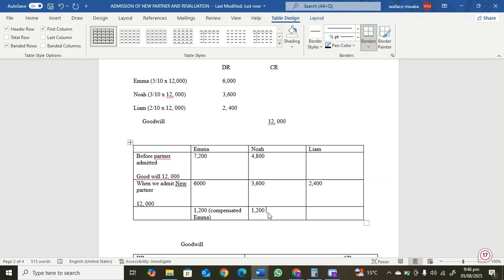So Noah is telling Liam, for admitting you in here, initially I was entitled to 4,800. Now, since you are in here, I'm entitled to 3,600. So I've lost the 1,200, which you need to compensate me. So Liam, once he gets this share of goodwill, 2,400, he's going to give Emma 1,200, and he's going to give Noah 1,200.